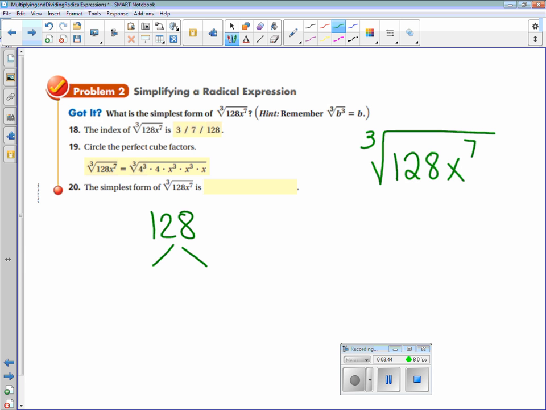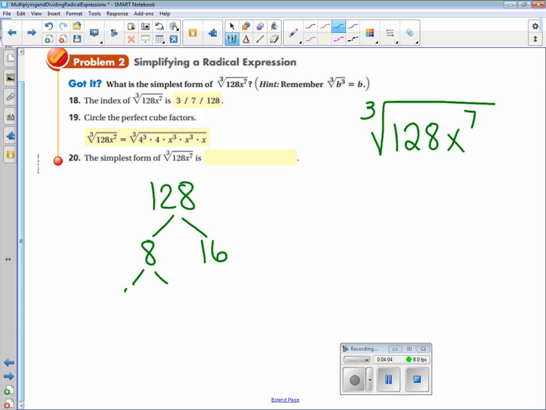What are some factors of 128? 8 and 16. Double check him. Do you agree? Okay. Any 2 would work, by the way. There's a whole bunch. We're going to have to go down on both of them. Very good. We have to continue to simplify. Okay, so 2 and 4.